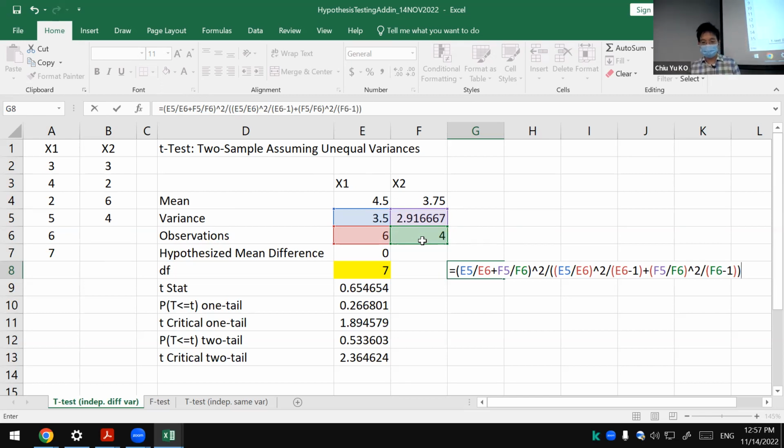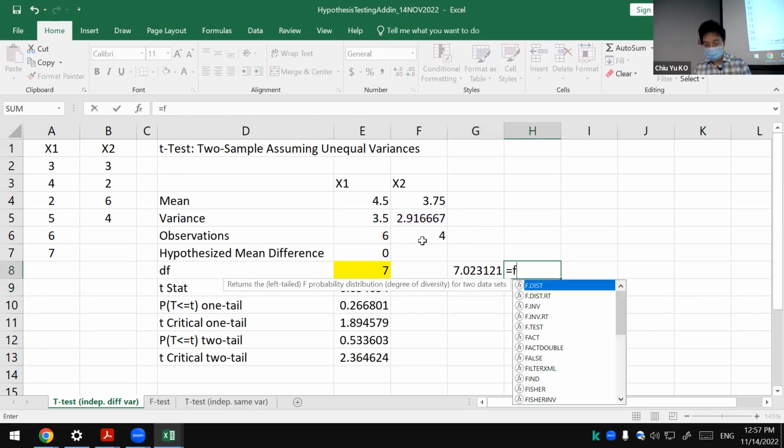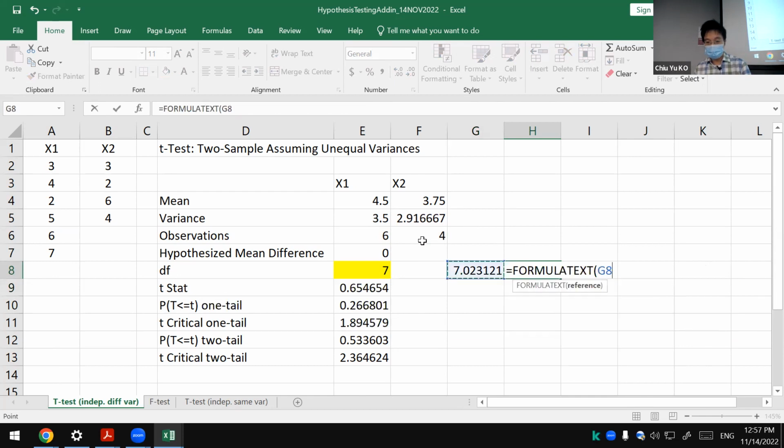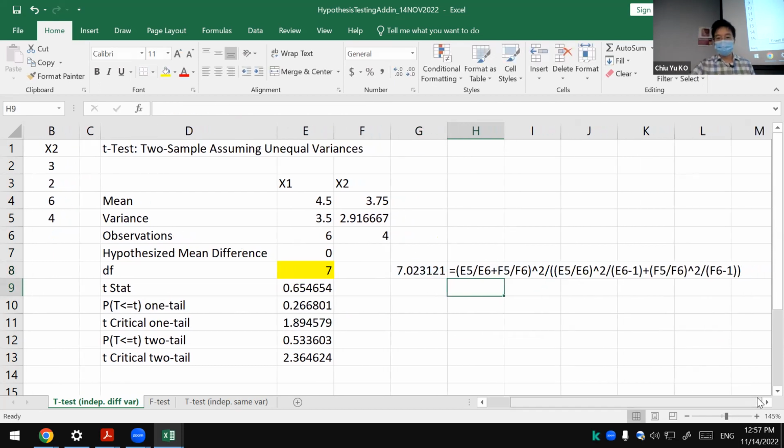The one I wrote down gives you 7.02, so I just put the formula here. This is the way we input it. Just to remind you, the numerator is (S1² over N1 plus S2² over N2), squared.